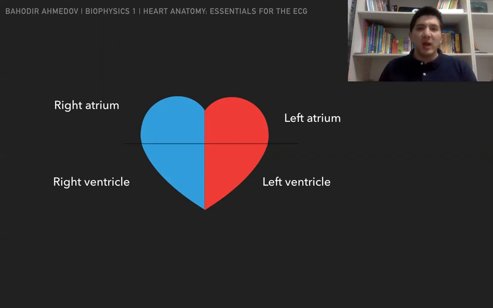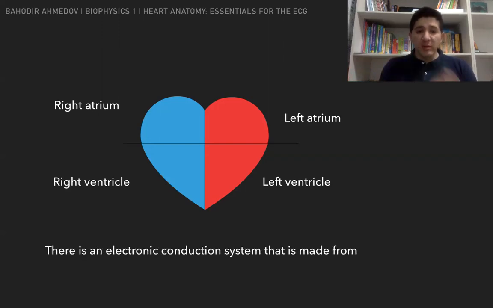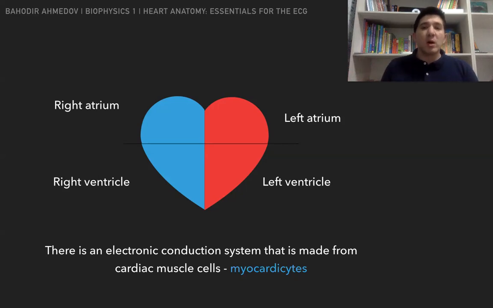There is an electric conduction system made from the cardiac muscle cells, which we're going to call myocardiocytes. The action potential propagates through the myocardiocytes, and we need to understand how it happens.